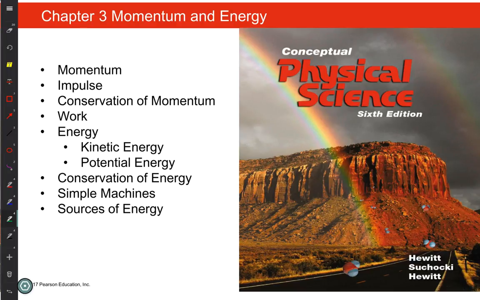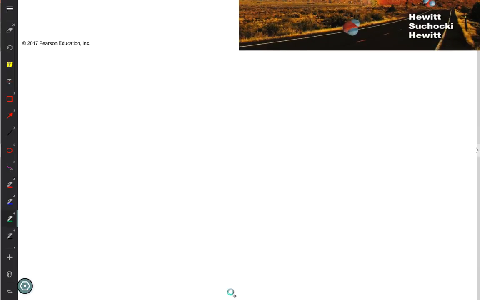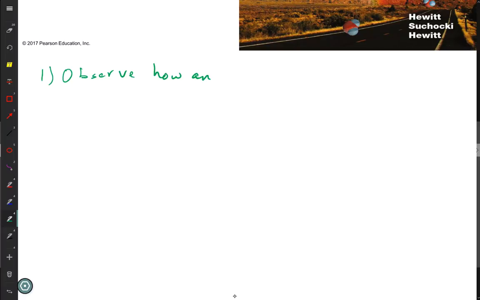Observing something interesting. So we would have to imagine what Newton might have observed, but step one was observe something interesting. In this case, it's going to be how an object responds to forces.